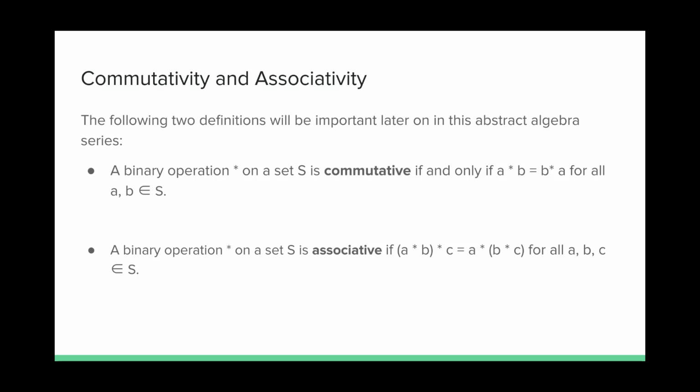And for associativity, a binary operation star on a set S is associative if (a star b) star c is the same as a star (b star c) for all a, b, and c in the set. That just means it doesn't really matter which way you do it. If you get the same result, then the binary operation is associative. A good example of an associative and commutative binary operation is multiplication, because it doesn't matter which ones you multiply together first, you'll end up getting the same product.